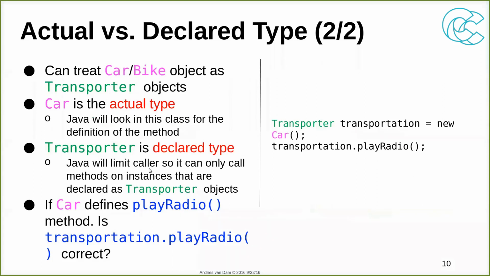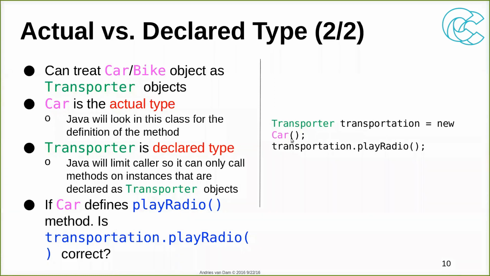So the catch here is that using this particular instance, in this case, let's say transportation, you can only call those methods that are part of the interface. So let's say the transporter interface has two methods, which is move and play radio. Then you can only call those two methods, even though car might have more methods.